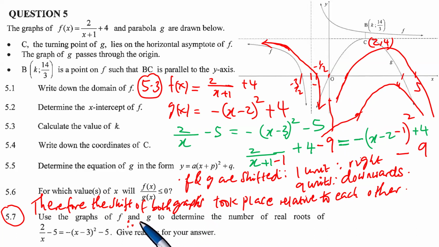So therefore you have 1 point of intersection in the third quadrant.